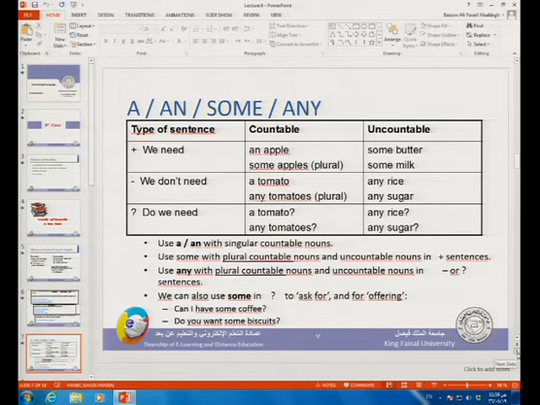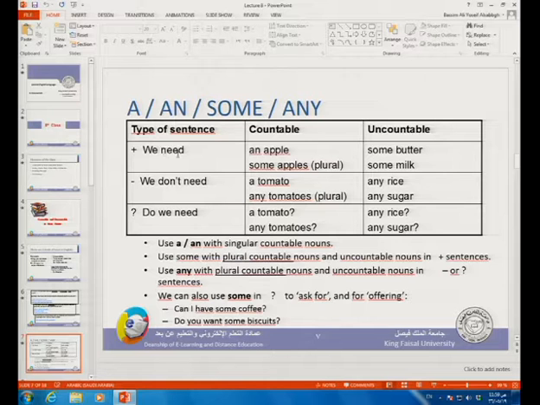A, some, any. Which one of these is used with countable nouns and which is used with uncountable nouns? Look at the type of sentence here, and countable, uncountable. The plus here means an affirmative sentence: we need.